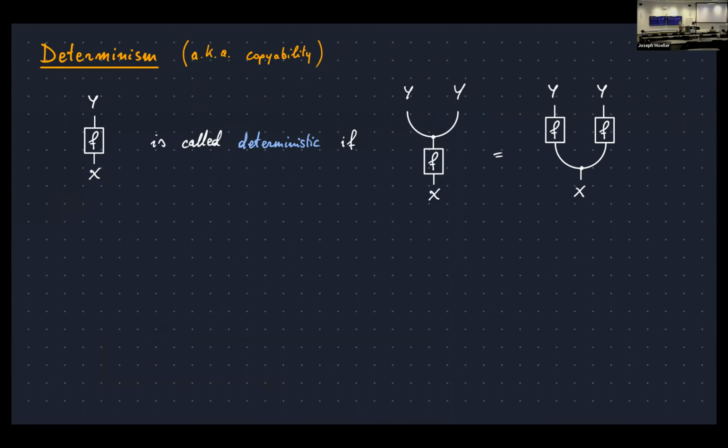So we say F is deterministic if you apply F and copy the output, or copy the input and feed it through F, and you see that that's exactly the same. F is a morphism of monoid.